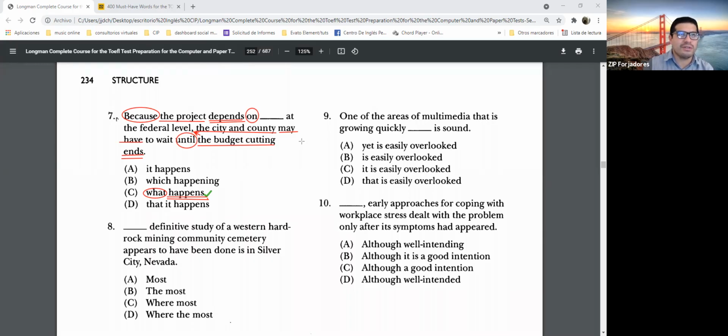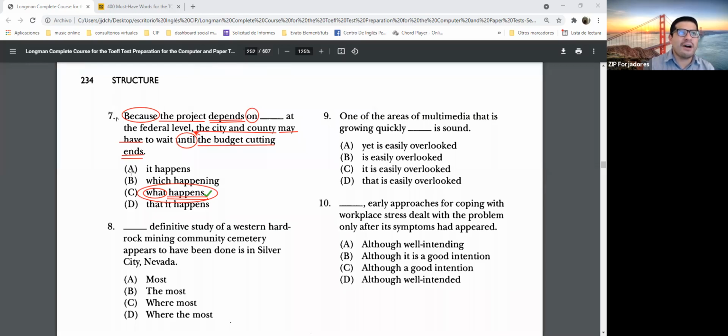So that's the thing that we need, the object of the preposition on. We know that a noun clause could be the subject, the object, or the object of a preposition. So that's why this whole clause is the object of the preposition on.